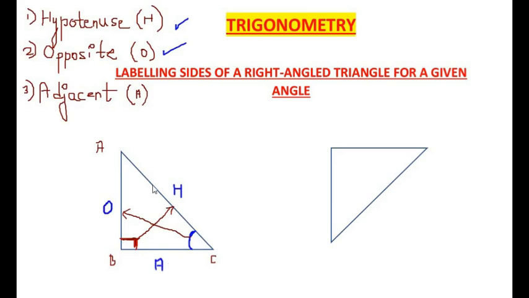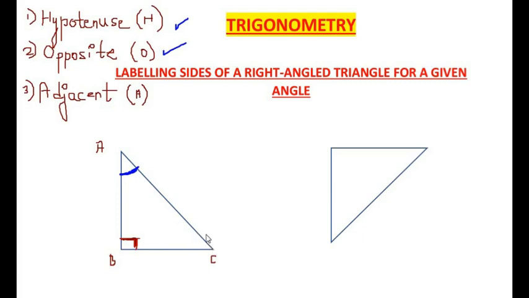Now let me change the angle of concern for the same triangle. So let me take angle A as the angle of concern. Remember, the angle of concern can be only the acute angles, not the right angle. So angle A and angle C are the acute angles here.